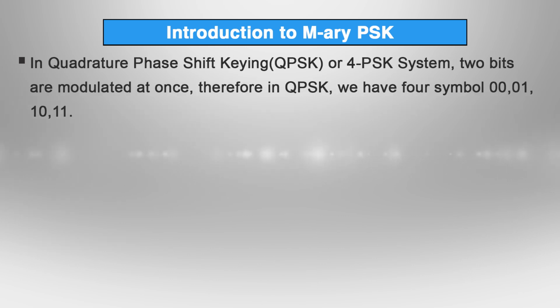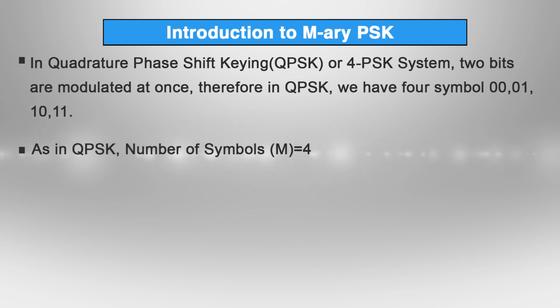In quadrature phase shift keying, that is QPSK or 4PSK system, 2 bits are modulated at once. Therefore, in QPSK we have 4 symbols: 00, 01, 10 and 11.